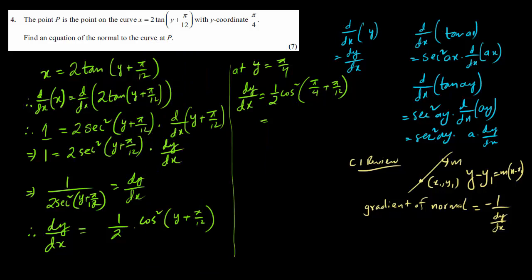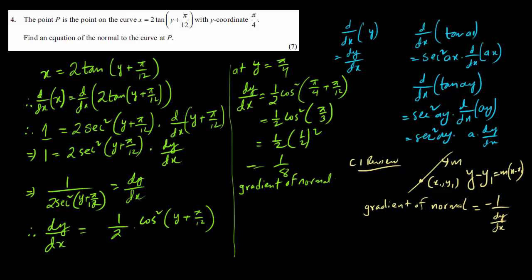So pi by 3 is 60 degrees. So this is half cos squared pi by 3. Now cos 60 degrees is half. So this is going to be half into half squared. So this would be 1 by 4 into 2, 1 by 8. That is the gradient of the curve. So now the gradient of the normal is going to be minus 1 by dy by dx. So the gradient of the normal equals minus 1 by 1 by 8, which is minus 8.